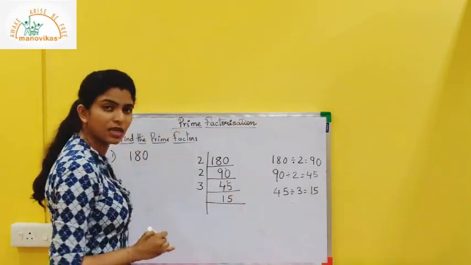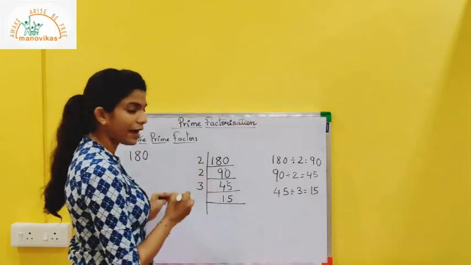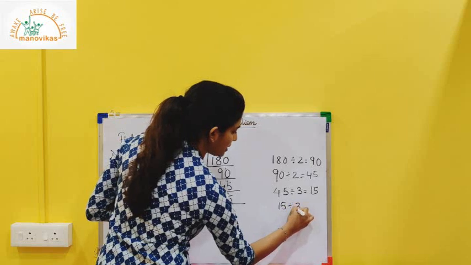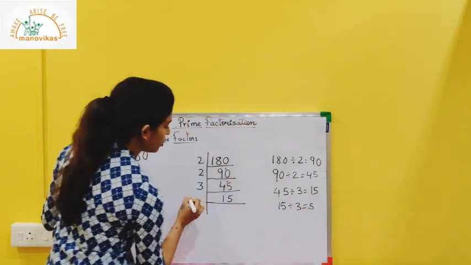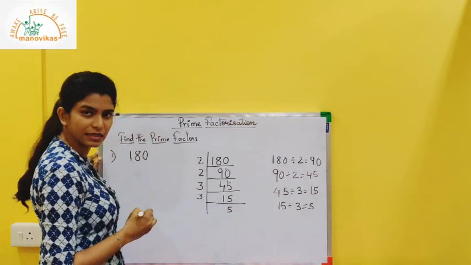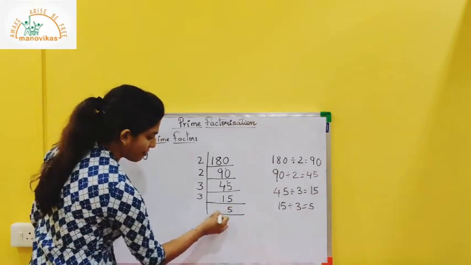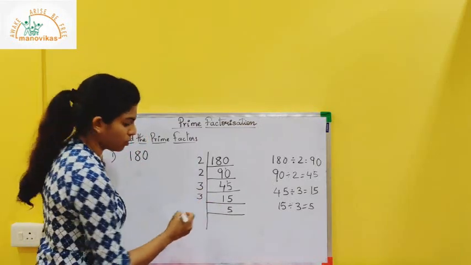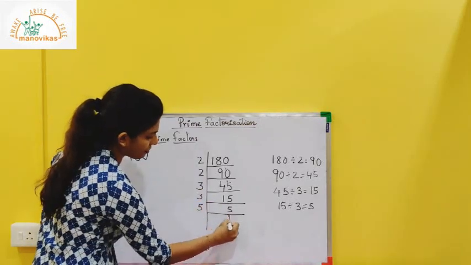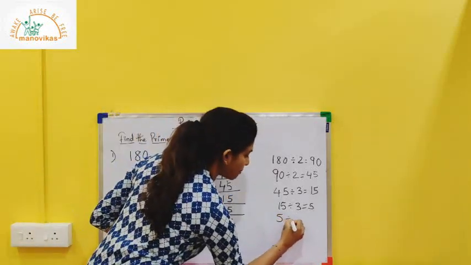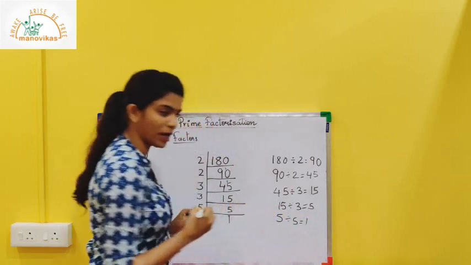Again, 15 is an odd number. So we will divide it by 3. And you know, 15 divided by 3 is 5. So I write 3 5s are 15. We have 5 here. So 5 itself is a prime number. So I write 5 1s are 5. 5 divided by 5 is equal to 1.